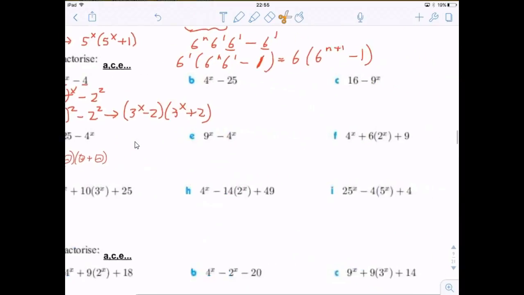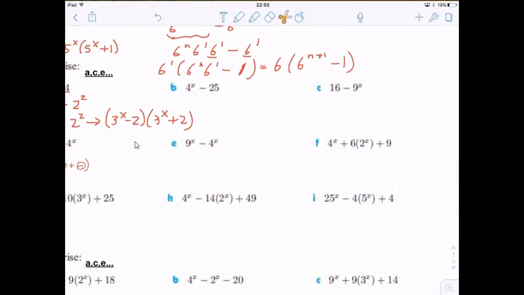All right, let's go to C. Ooh, here we are again with some suspiciously square-like numbers. I have 16 and 9, which are both squares. So they must mean for me to replace the 16 with a 4 squared. I'm going to replace the 9 with a 3 squared to the x, right? Then to make this into something squared, I'm going to reverse the order of x and 2.